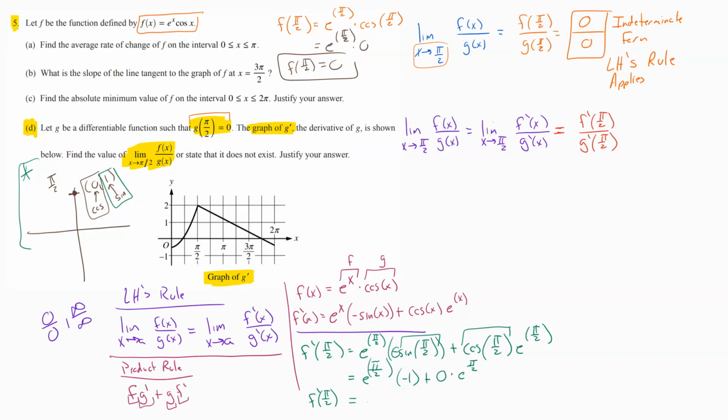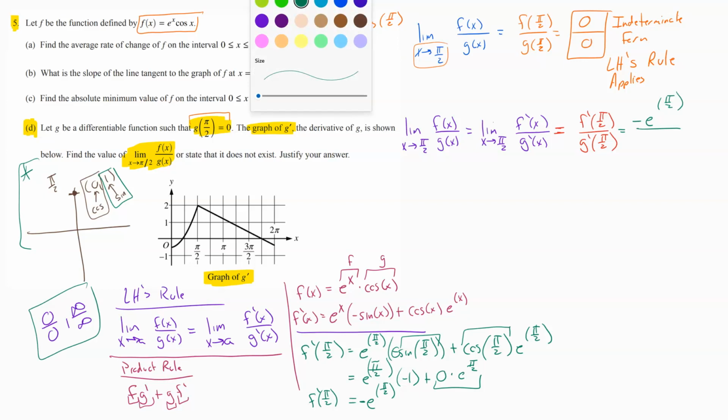Negative 1 times e to the pi over 2 gets us negative e to the pi over 2, and then 0 times anything is 0. So on the top here, we now know that this is going to be equal to negative e to the pi over 2. We don't have a calculator, so we don't get to do anything further with that. But we also know we're probably not ending up in an indeterminate form, so we're going to be done.